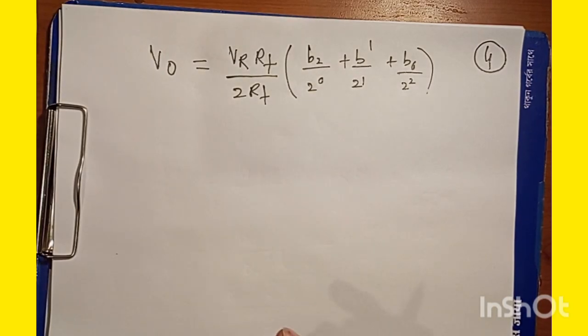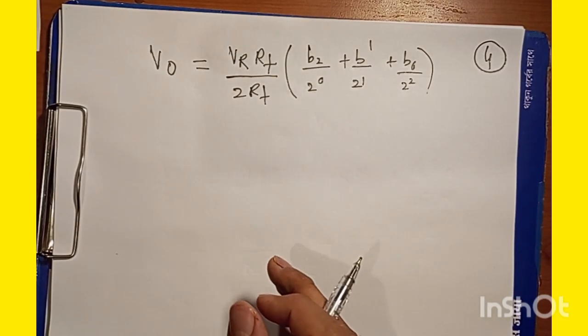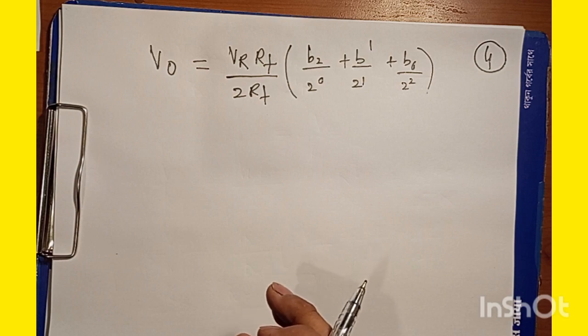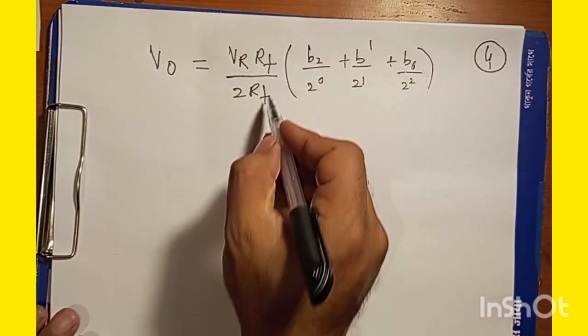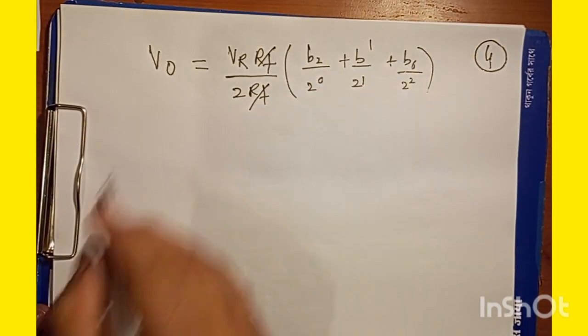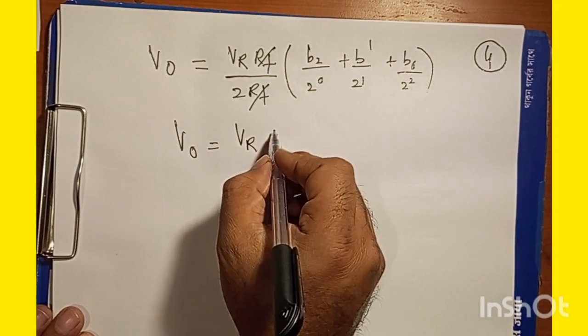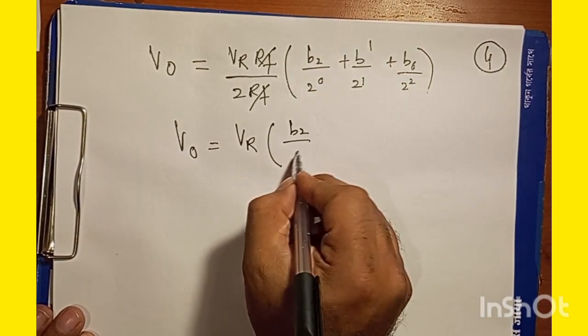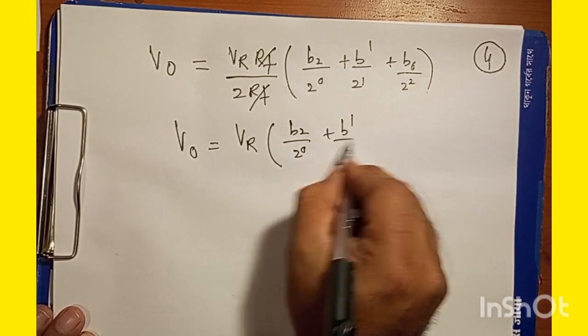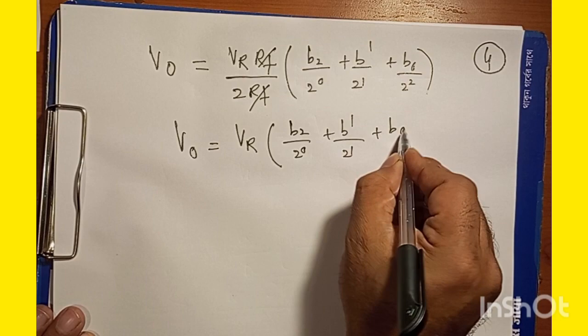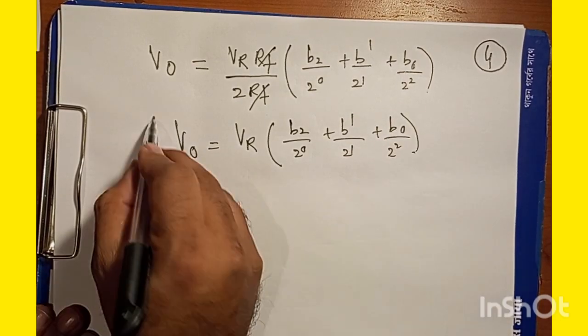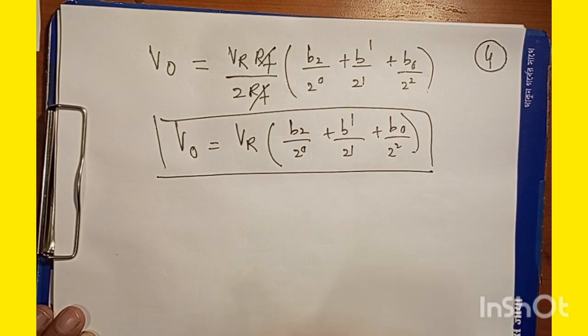Now we have the cancellation: this RF will be cancelled with this RF. So V out will be VR times B2 by 2 to the power of 0 plus B1 by 2 to the power of 1 plus B0 by 2 to the power of 2. This equation represents the output voltage equation of a 3-bit binary weighted resistor DAC.